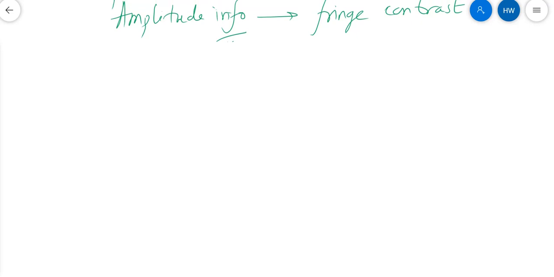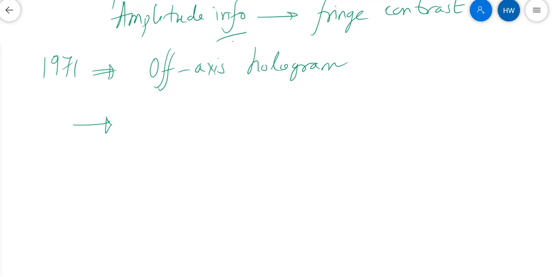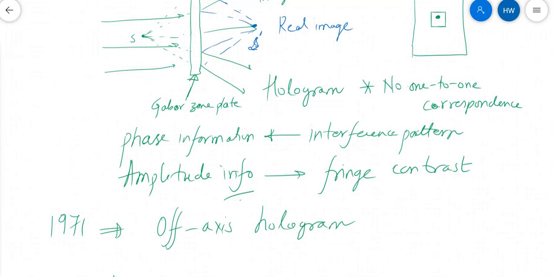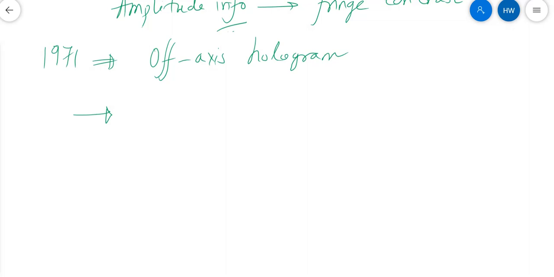Now, before I go to the off-axis hologram, let me make a few more comments. Whenever I have such a hologram, like the one I said earlier, Gabor's own plate, you see that whenever you have this cosine square alpha r square dependence, then you basically produce the 0th order and the plus minus first.